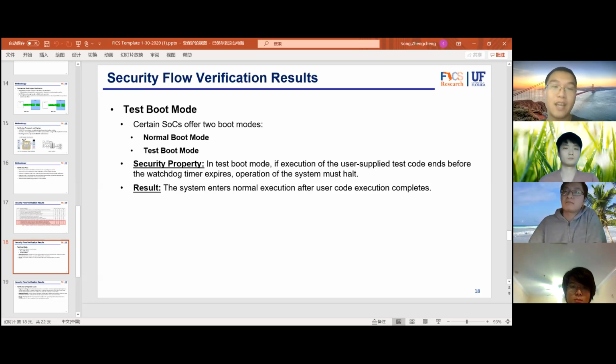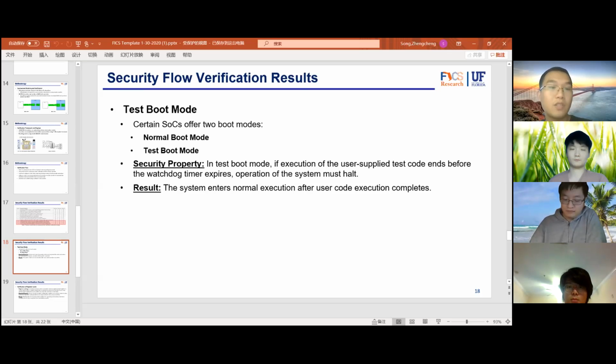To avoid insider attacks, we use a watchdog timer to ensure the system is restarted after the test code execution ends. In other words, if execution of the user-supplied test code ends before the watchdog timer expires, operation of the whole system should expire. And that's the security property of test boot mode.